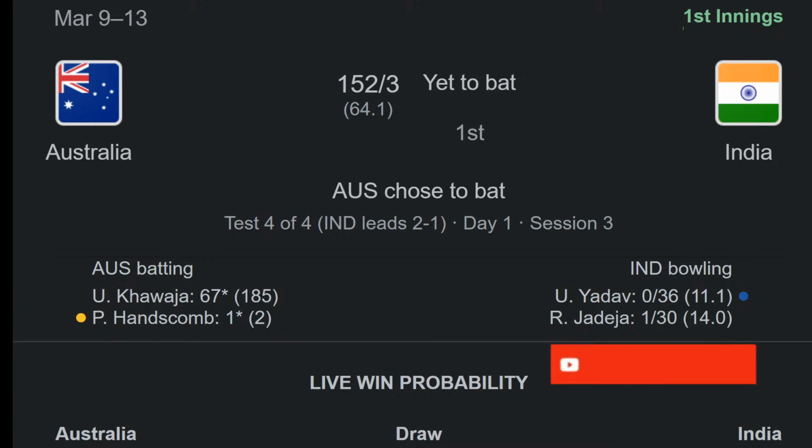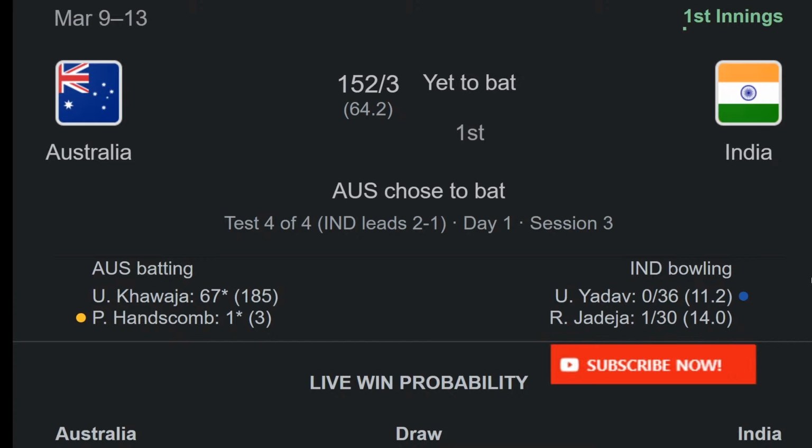Umesh Yadav. 152 for the loss of 3 wickets.